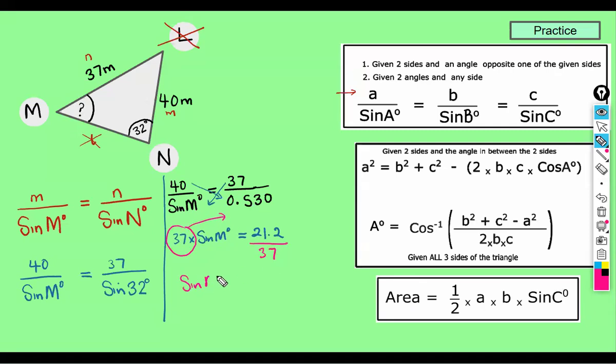So you end up with sine capital M equals 21.2 divided by 37, which is 0.573. If we go to 3 decimal places, which is what I recommend, we want to solve for capital M. So throw across sine, we're going to get sine inverse 0.573. So capital M, let me type it in here, second function sine 0.573.